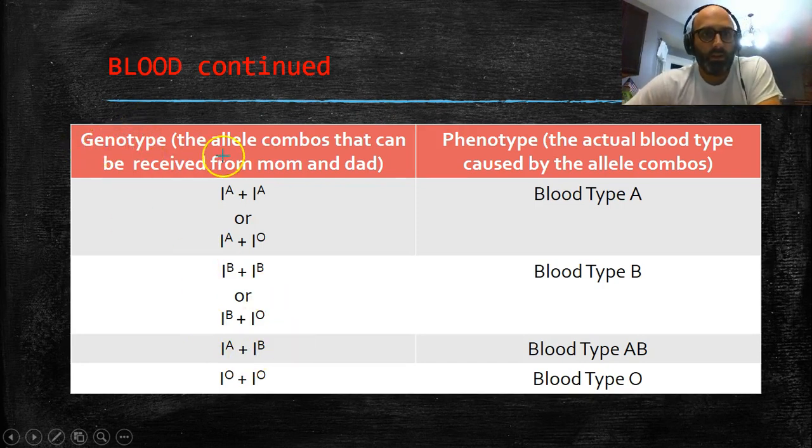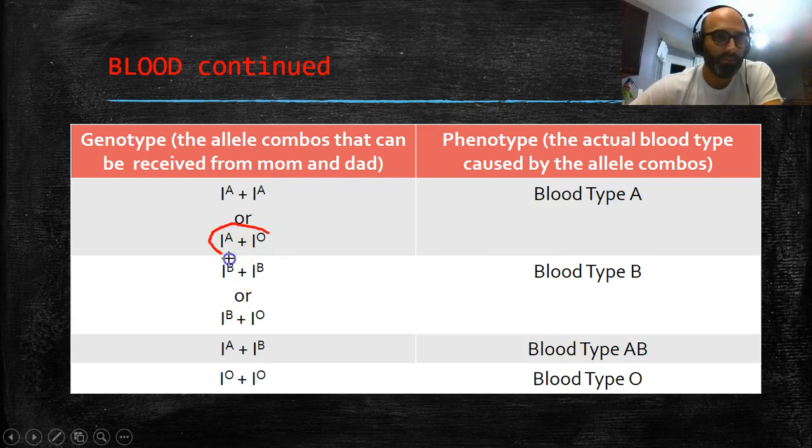So like I said, here are all the possible genotypes. If you basically just considered one of these coming from mom and one of these coming from dad, it does not matter which one comes from which, because the allele combinations that come together to form the genotype have set rules. For example, A is a dominant allele. B is a dominant allele.